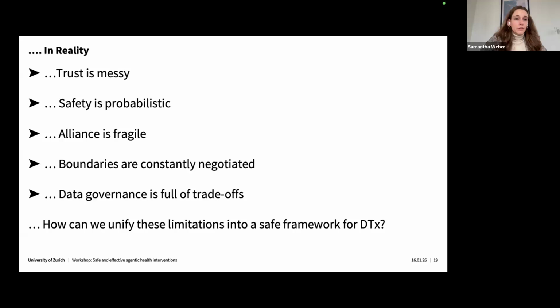In summary, what we take away from today is that trust is messy, safety is probabilistic, alliance can be fragile, boundaries are constantly negotiated, and data governance is full of trade-offs. But how can we unify all these limitations into a safe framework for digital therapeutics?